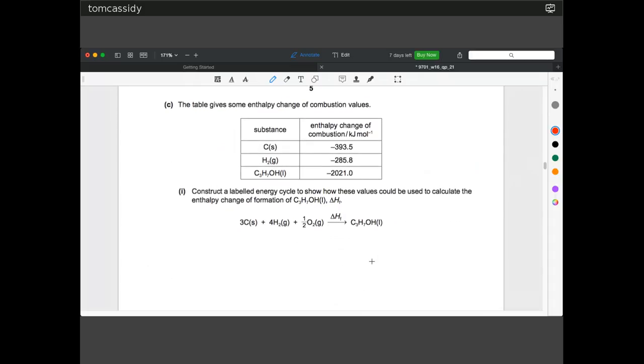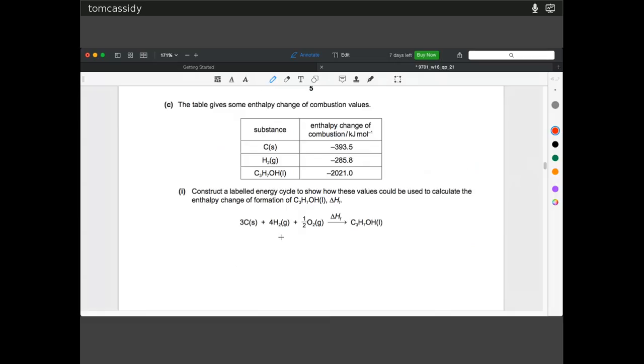Okay, so you've got to create a labeled energy cycle, and you're trying to calculate the energy of formation of propanol here from these enthalpies of combustion. And so what you're looking for there is an application of Hess's law that basically says, well, it doesn't really matter which route you use.